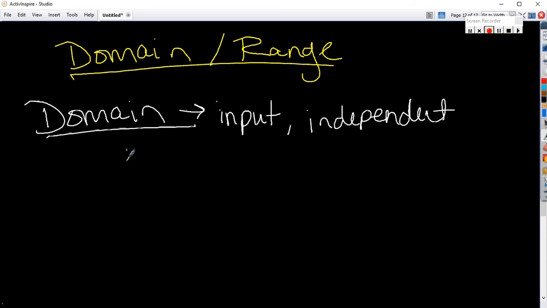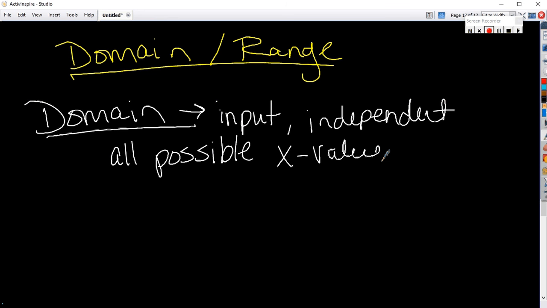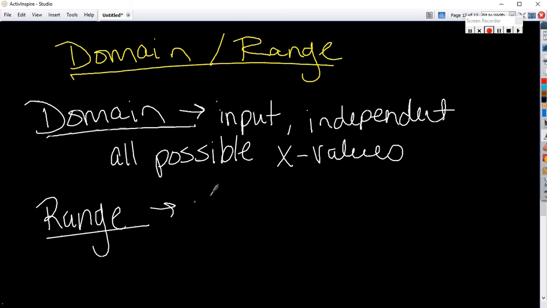Okay, so domain is the listing of all possible x values on the graph, or of the function. So if that's domain, then that means range is the y. All possible y values.